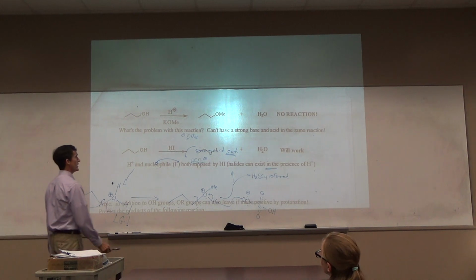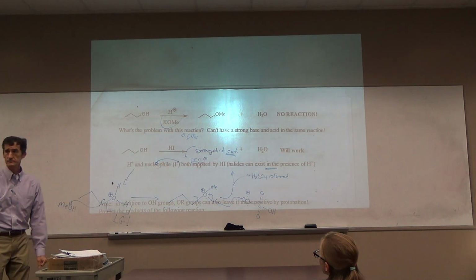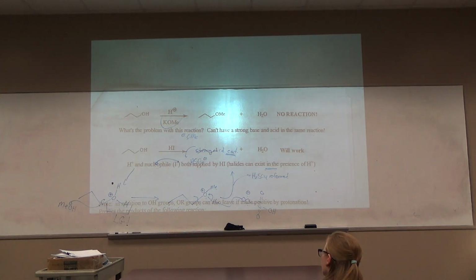This reaction is not going to work because these two will react with each other. Methoxide is just like hydroxide, just with a methyl group on it. It's going to react with the acid. You can't have your cake and eat it too. You can't have acid and base in the same reaction.